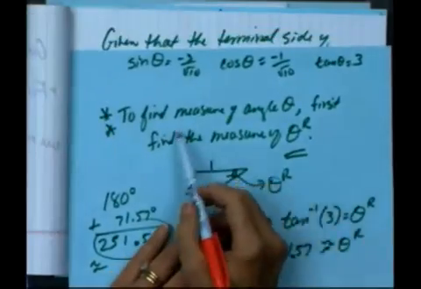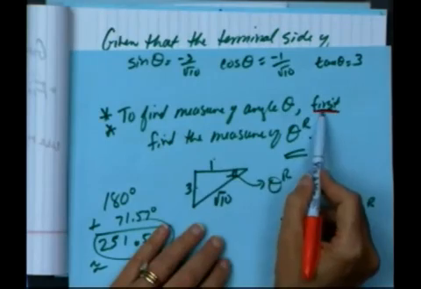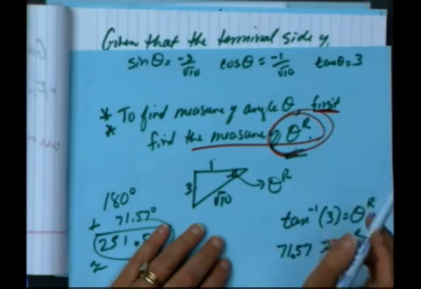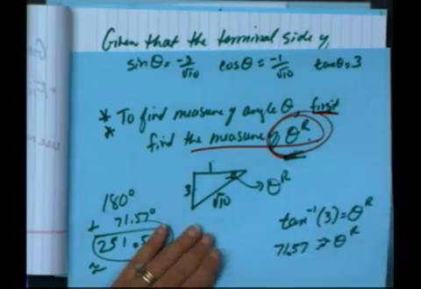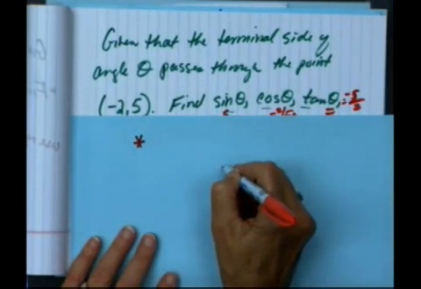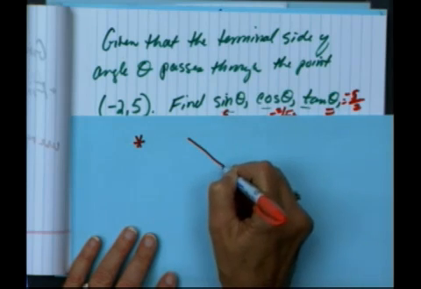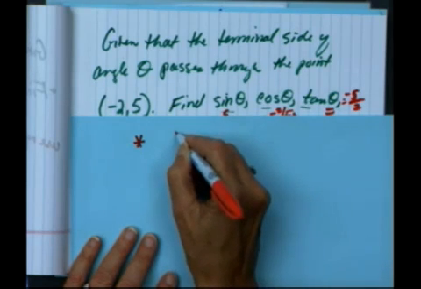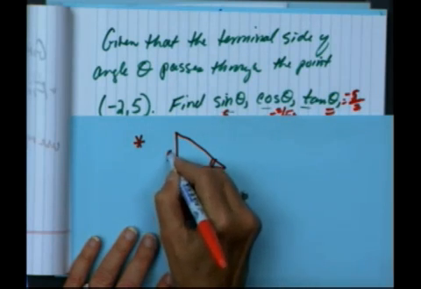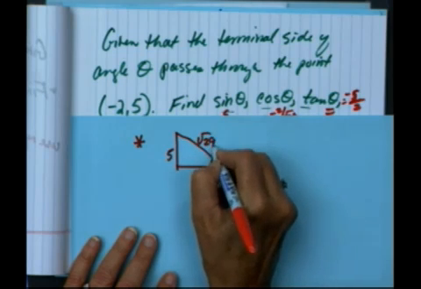To find the measure of angle theta, first, find the measure of the reference angle, which is the angle between 0 and 90. All right, so in order to do a 0 to 90, you're just going to make your little reference angle, but make all the sides positive. Okay, so there's my little theta. This is now a 2, a 5, and a square root of 29.